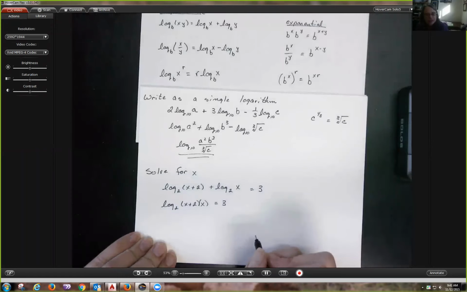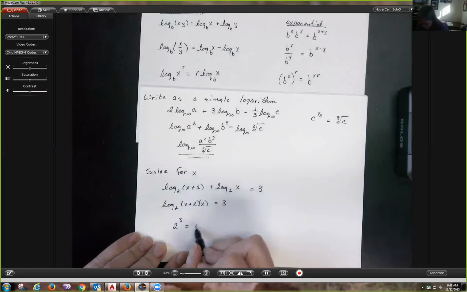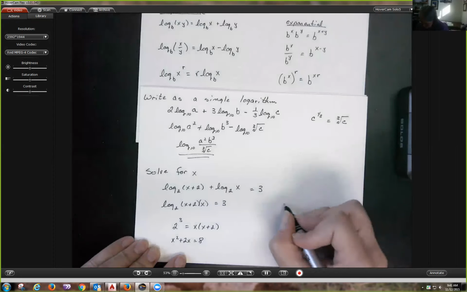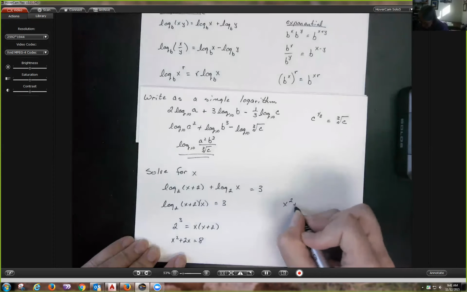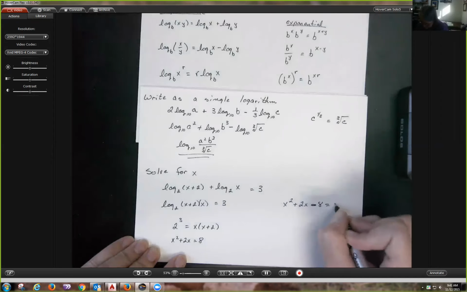Now let's write this in exponential form. 2 to the third power equals x times x plus 2. Simplify and distribute, and we get x squared plus 2x equals 8. Pull the 8 to the other side so that my polynomial equals 0.